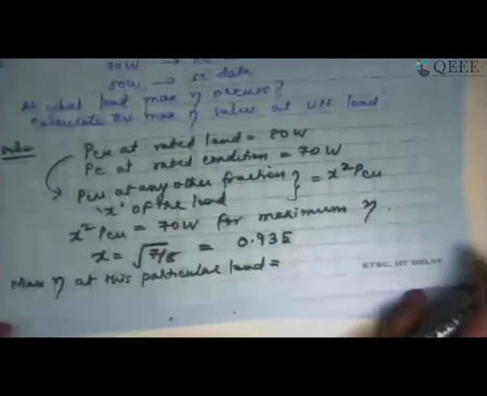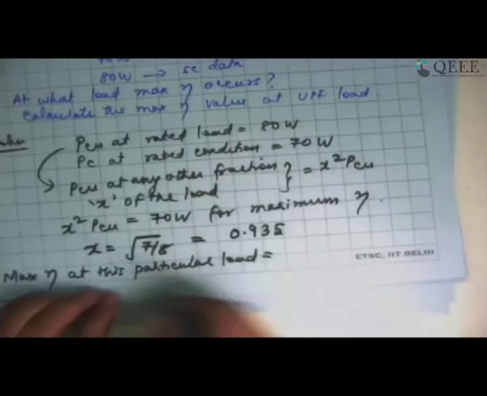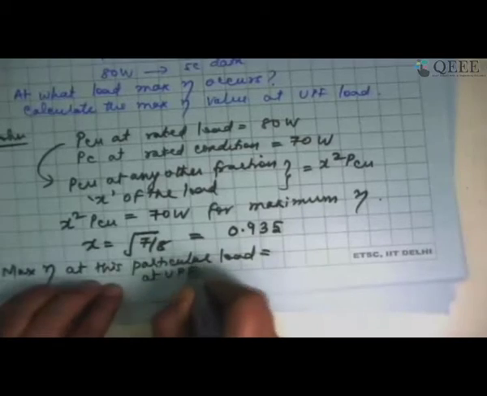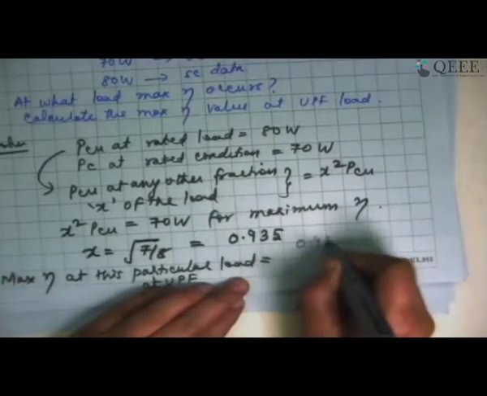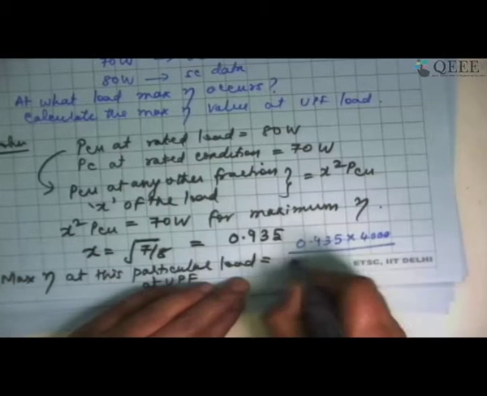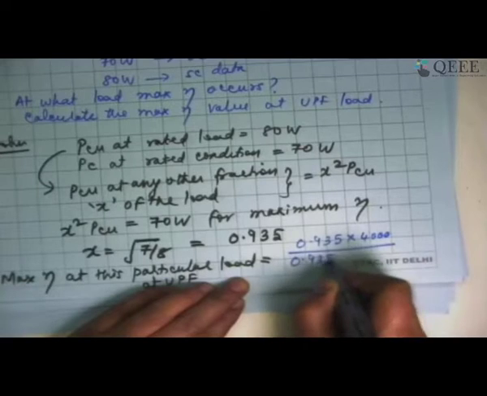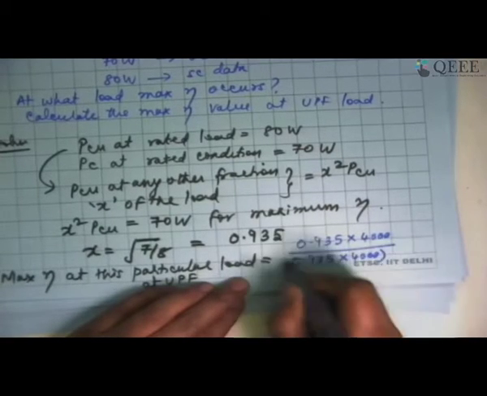So maximum efficiency at this particular load at unity power factor is 0.935 multiplied by 4000 divided by 0.935 multiplied by 4000 plus losses.